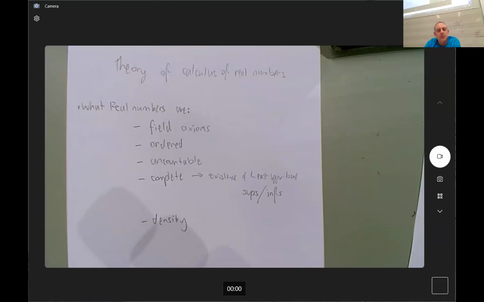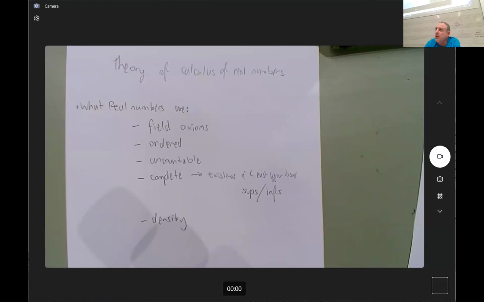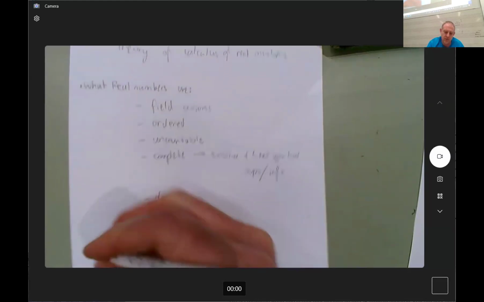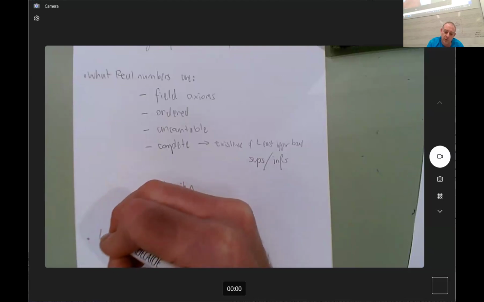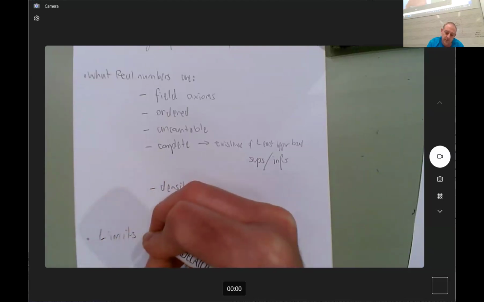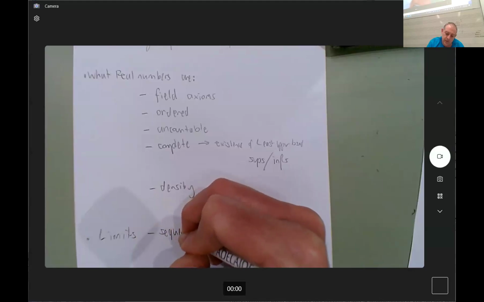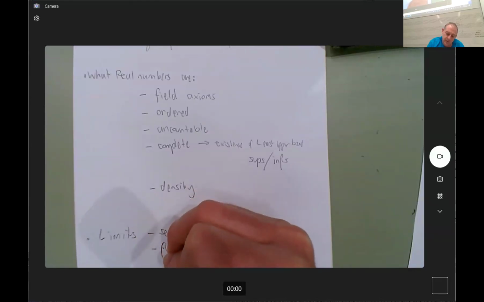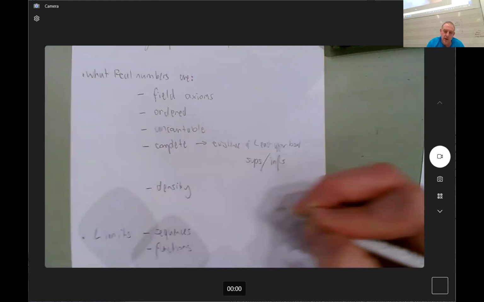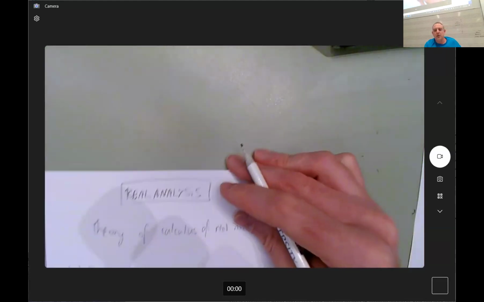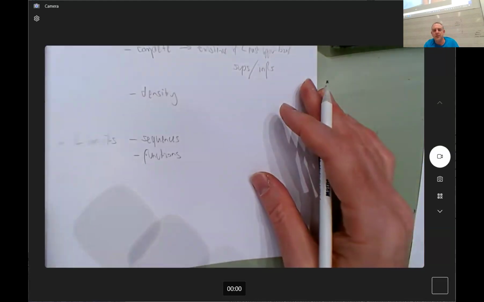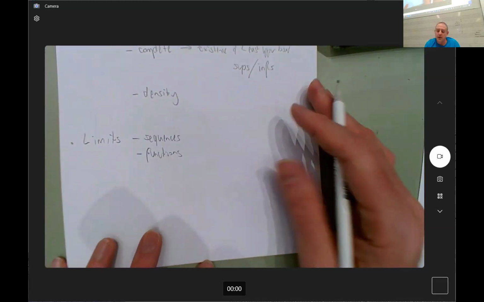And then there's definitely along the way things about limits of both sequences and functions. This is not in the order that the course is, but there's definitely along the way somewhere derivatives are in there somewhere.